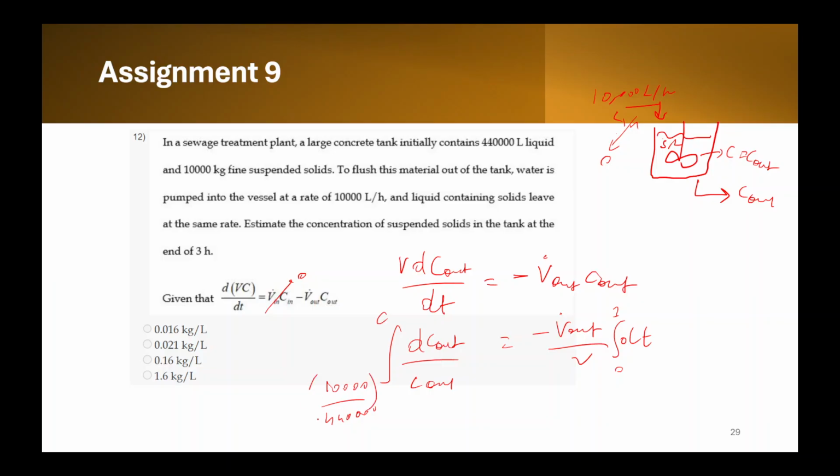So this is your initial concentration. So after solving this, you get ln C minus ln of 1 by 44 basically, because this gets cancelled. And V out is again your 10,000 liter per hour, and V is your 4,40,000 again, and then into your 3 hours.